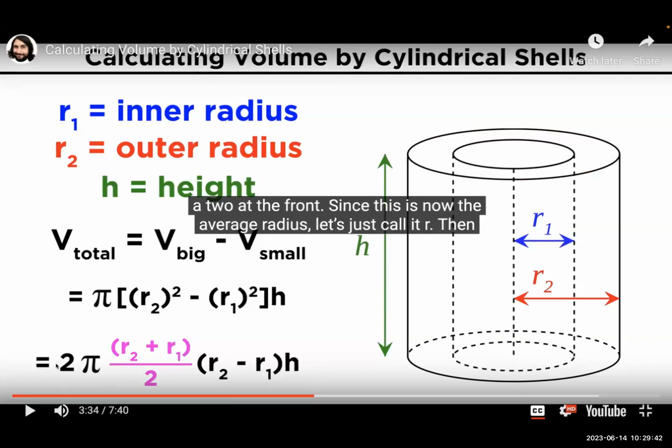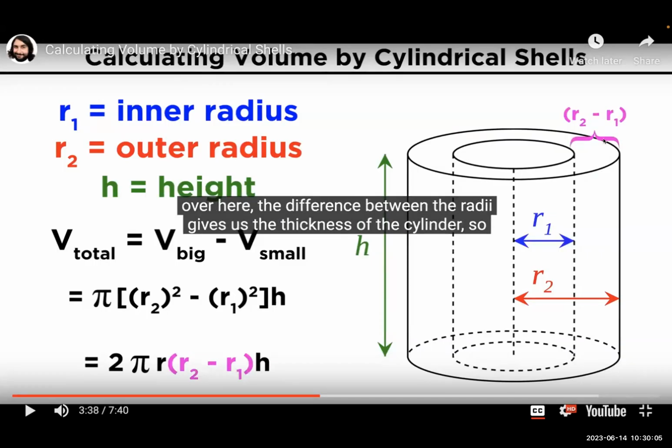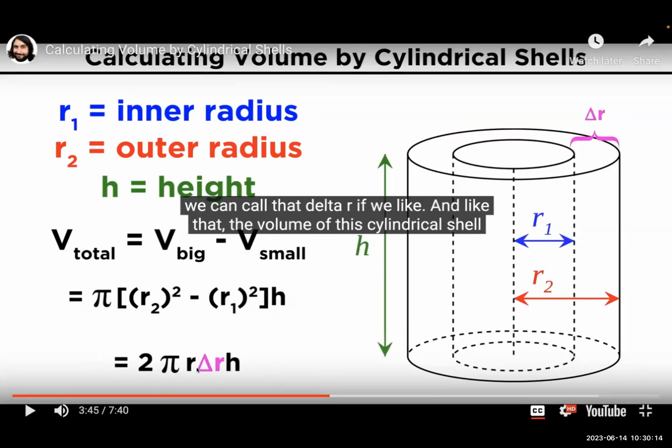Then multiplied outside and inside, divide inside by 2 to undo. So this is r2 plus r1 over 2, the average of these two r's, which we're going to name r. And then the difference of r2 and r1 would be this little thickness here. It's going to be either dx or dy from now on, so I'm going to name it dr for now. And that's why we came up with this formula.